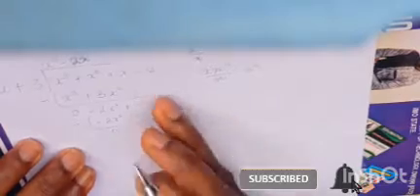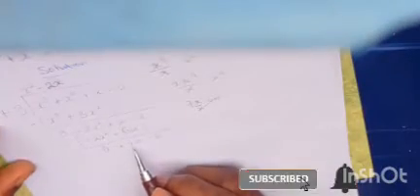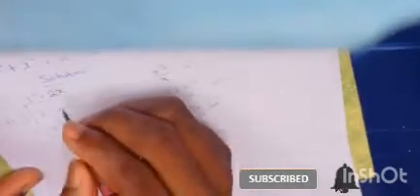Now we are still going to repeat our step again. 7x divided by x, we are going to have positive 7.